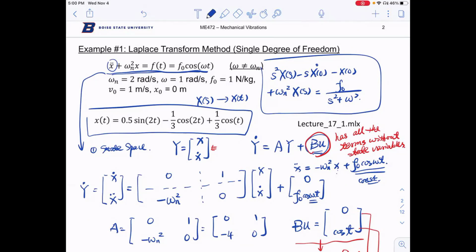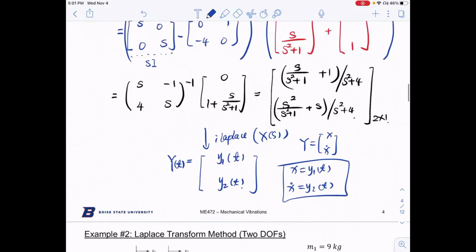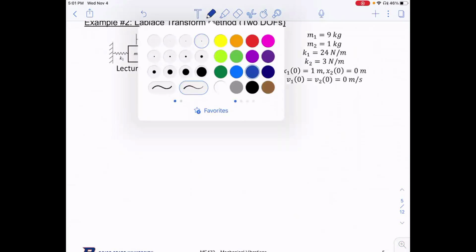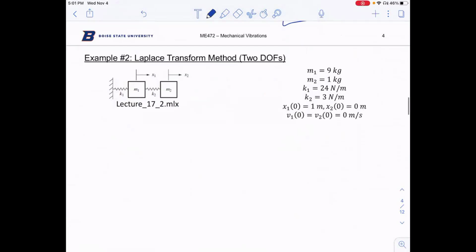All right, so that's how we apply the state space representation and then use Laplace transform to solve a first order ODE. So then your question might be why we have to do this state space thing, because as we learned in previous lectures, it seems that this method also works fine. So the state space representation is greatly helpful, especially when you have more than one coordinate in your system.